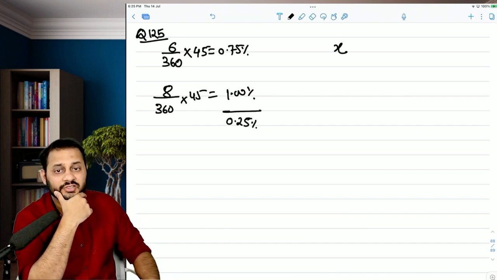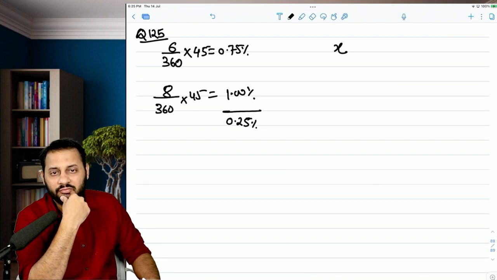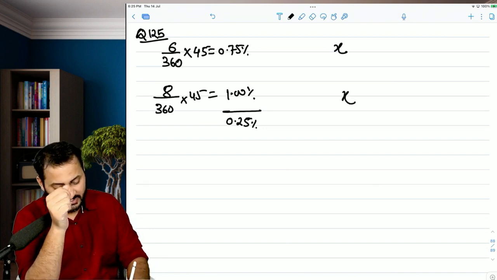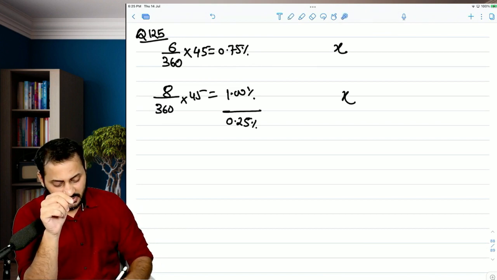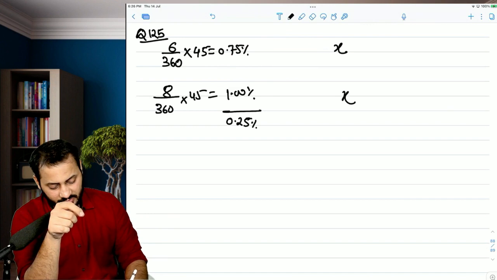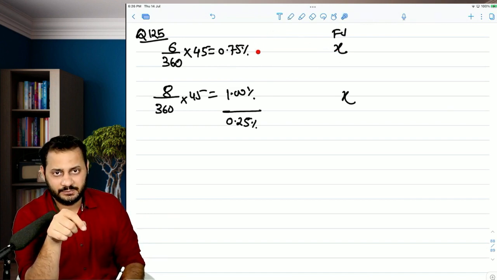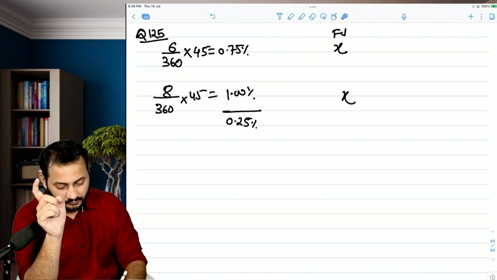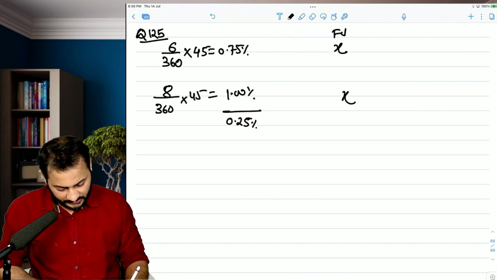There is a difference of 0.25% in the discount that we are applying on X. But please understand, 0.75% will be reduced from the face value. This is nothing but the face value, and this will give us the issue price. This will also give us the issue price. So if we reduce this, it will look like this.